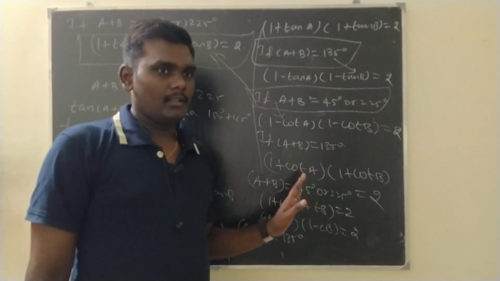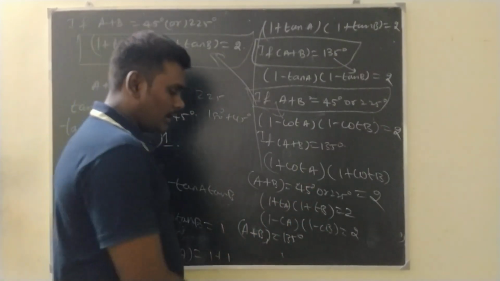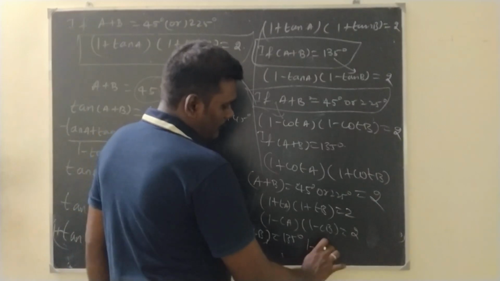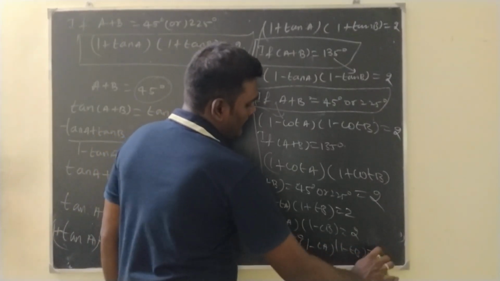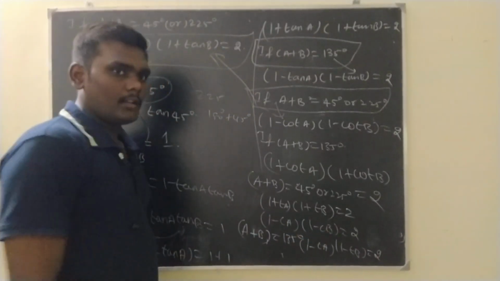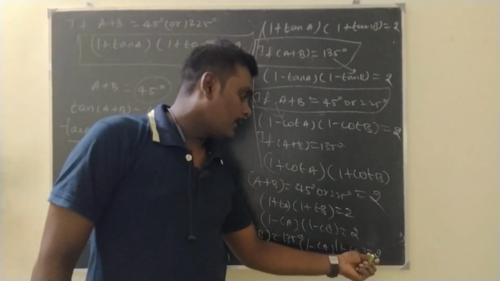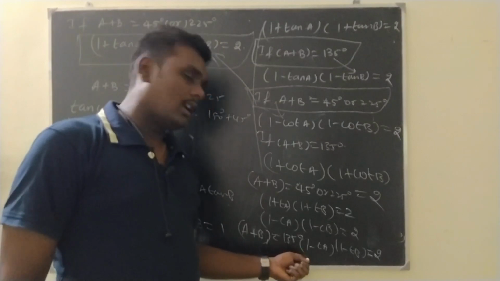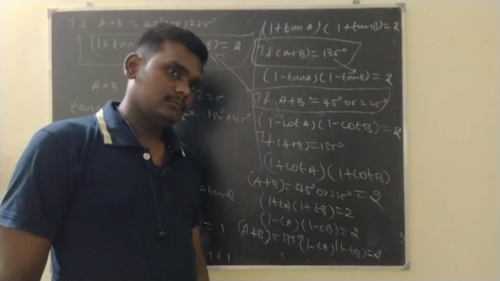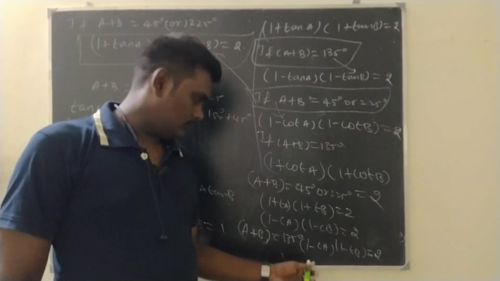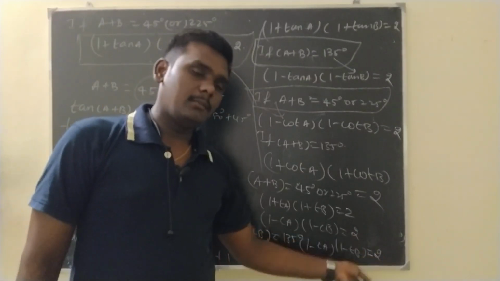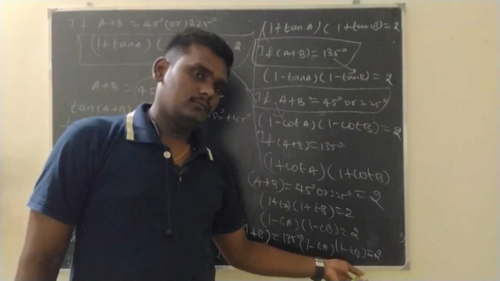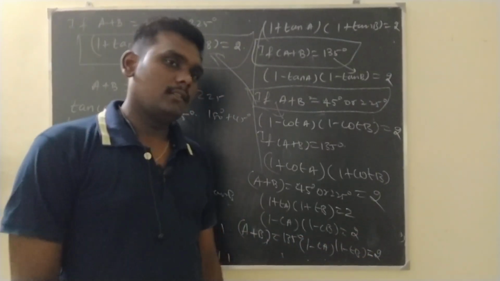Now, 135, tan is negative: 1 minus tan A into 1 minus tan B equals 2. Now, what do you think about cot? 1 plus cot A into 1 plus cot B equals 2. That is all.